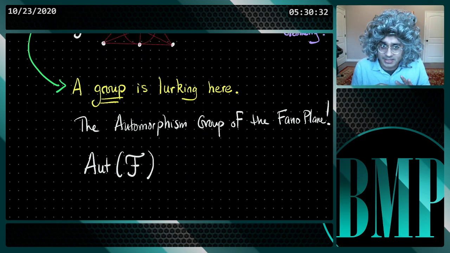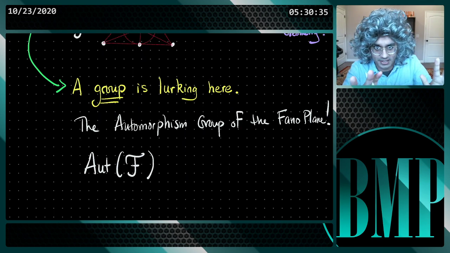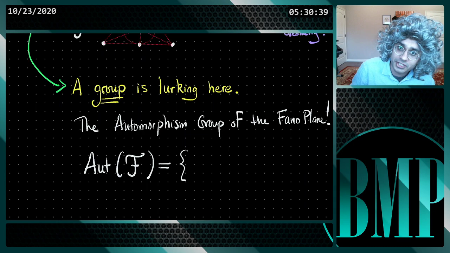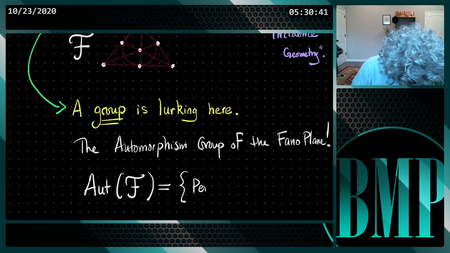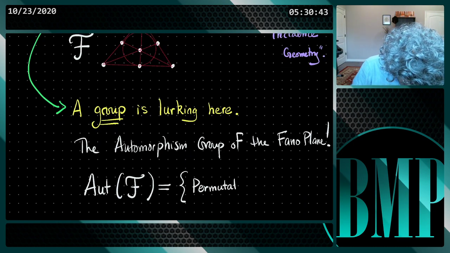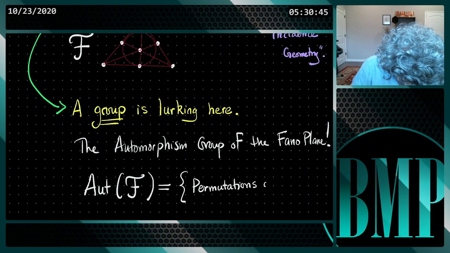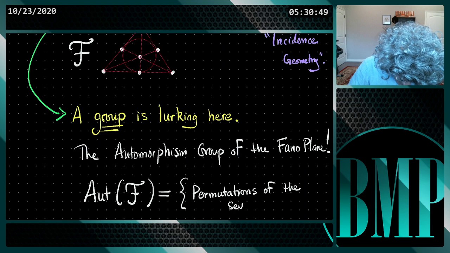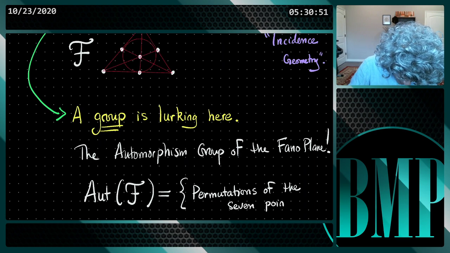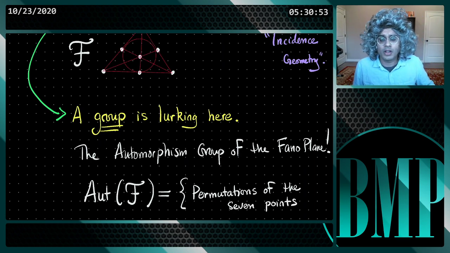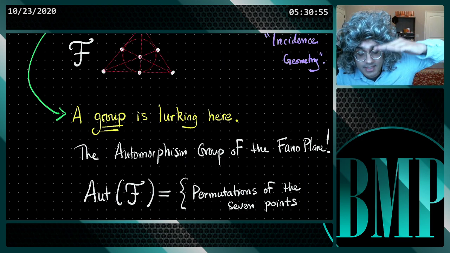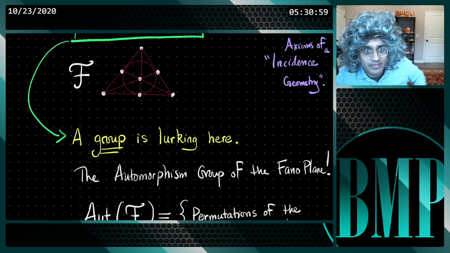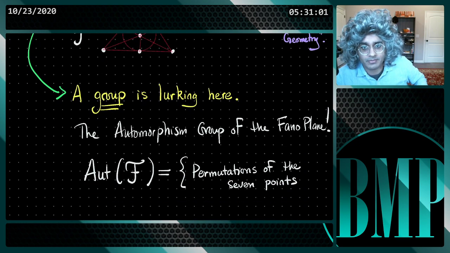Let me tell you what it is. You'll love it, Sloth. It's concrete. It's the set of permutations. So this automorphism group, Sloth, is a subgroup of S7. The 7 is the set of dots.